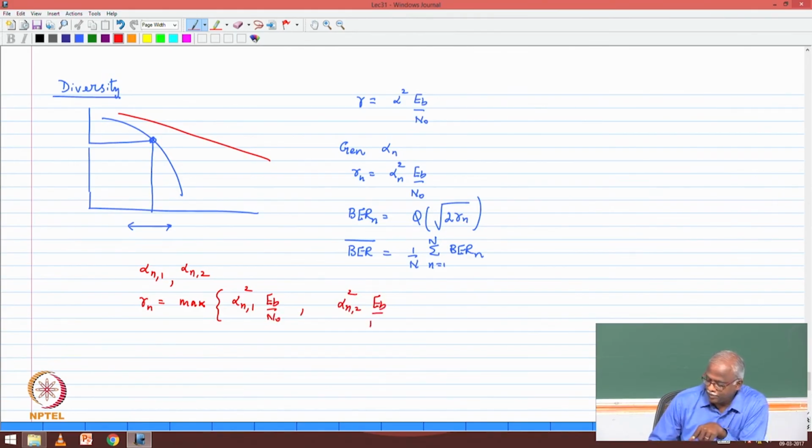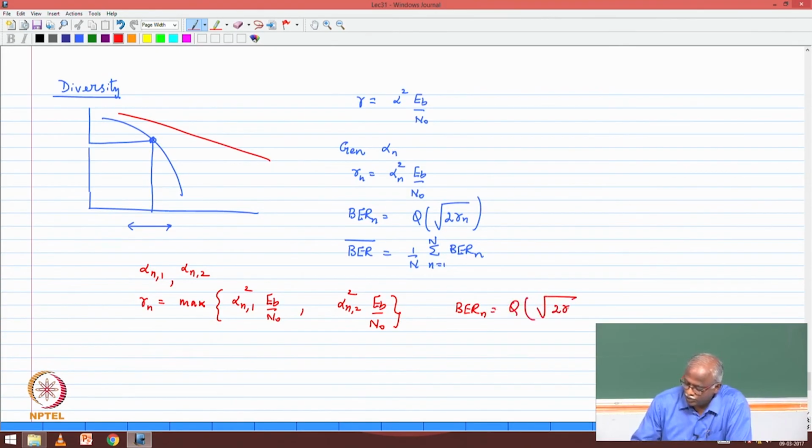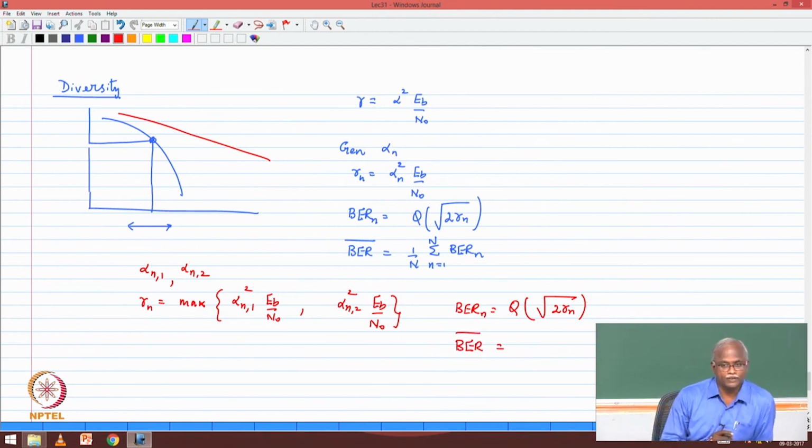Each of these random variables gives you an instantaneous SNR. I give you the benefit of picking the better of the 2, and BER n is the same as before, Q of square root of 2 gamma n, and you obtain the BER average like before. Will the graph be any different?